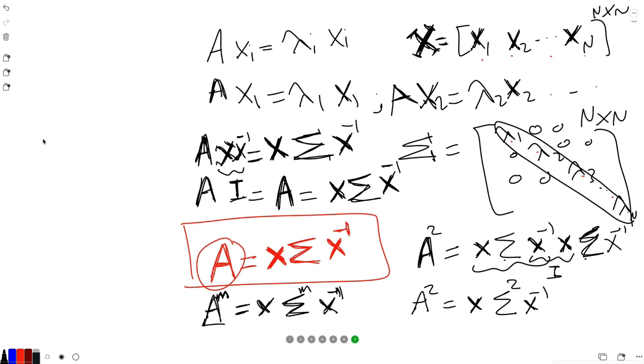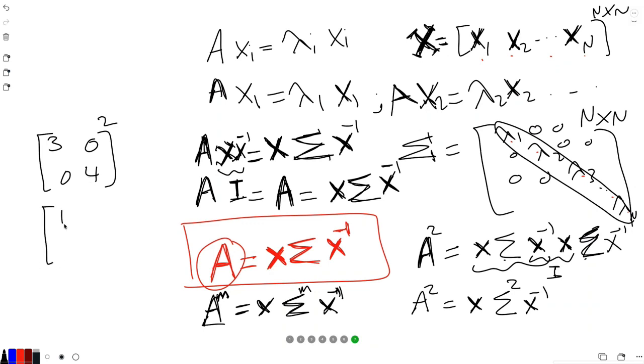Why? Because for any diagonal matrix, for example, if you have here, let's say, 3, and here you have 4, and 0 0, this is a diagonal matrix. If you want to take, let's say, the power of 2, you don't need to make any matrix multiplication. All you need is just to take the square of the diagonal elements, and this is general.